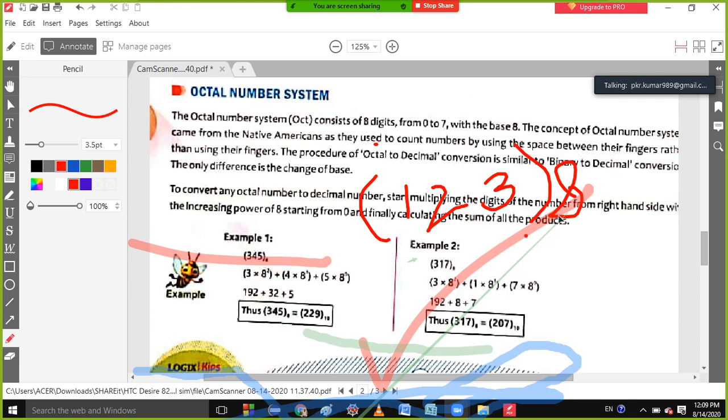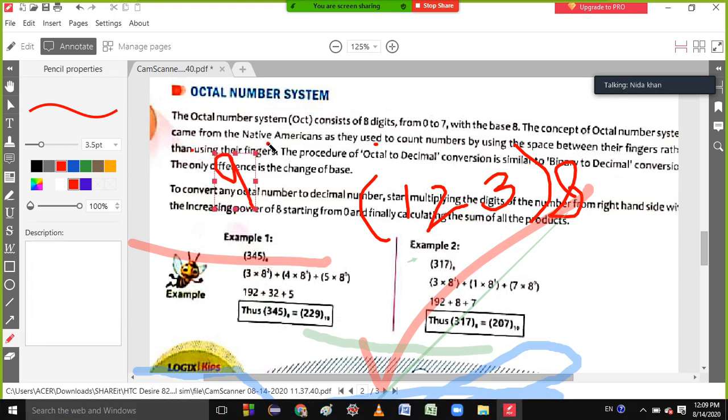Okay, very nice. So if I write this number, listen, 9 9 base 8. Is this an octal number or not? Why is this not an octal number? 0 to 7, not 1 to 7.